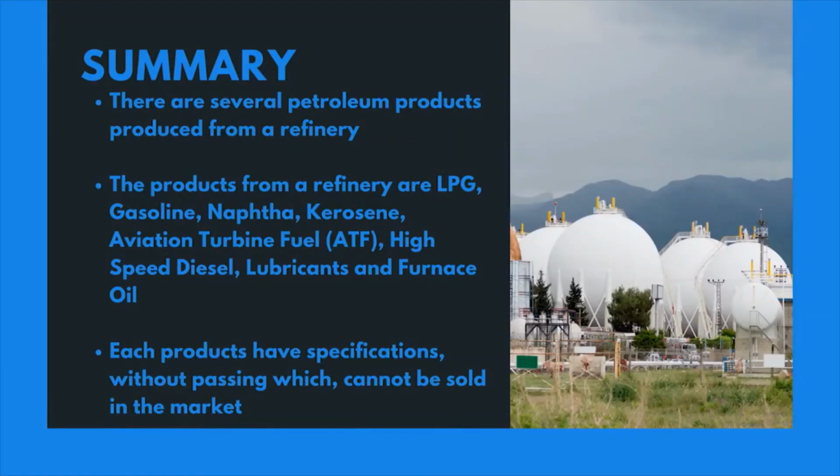Many of the large refineries have a petrochemical complex within their premises, and of course the yield from these plants will be a wide range of products. But today we try to understand only the basic products from the refinery, and we also try to understand the key specifications for each of the products, because each of them is very critical and vital.